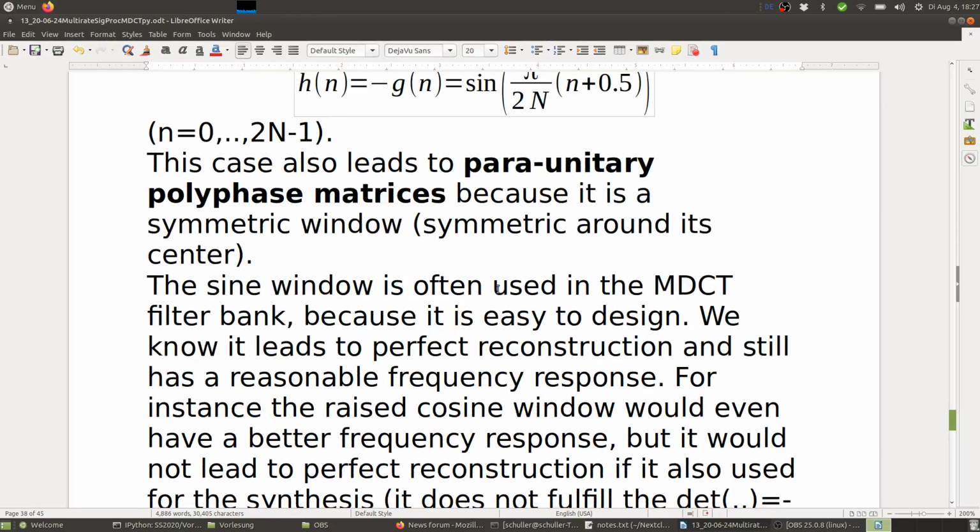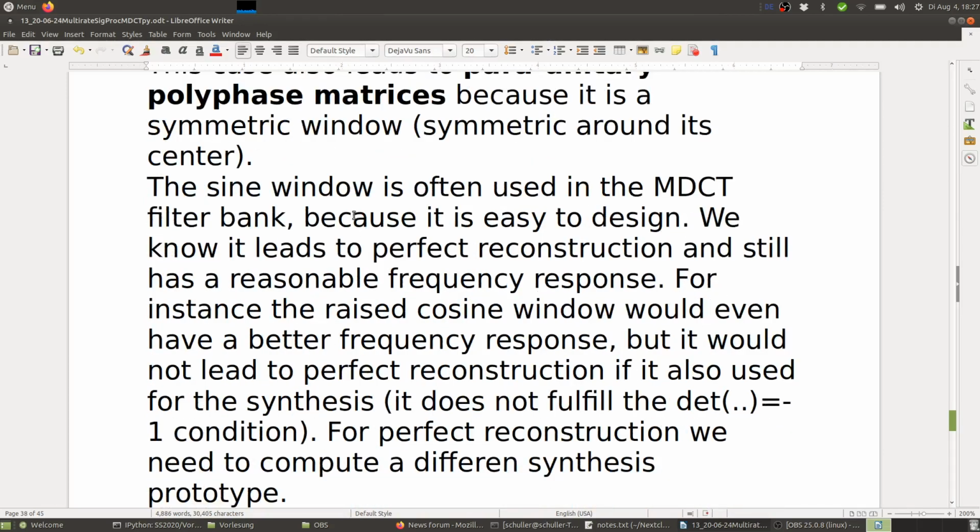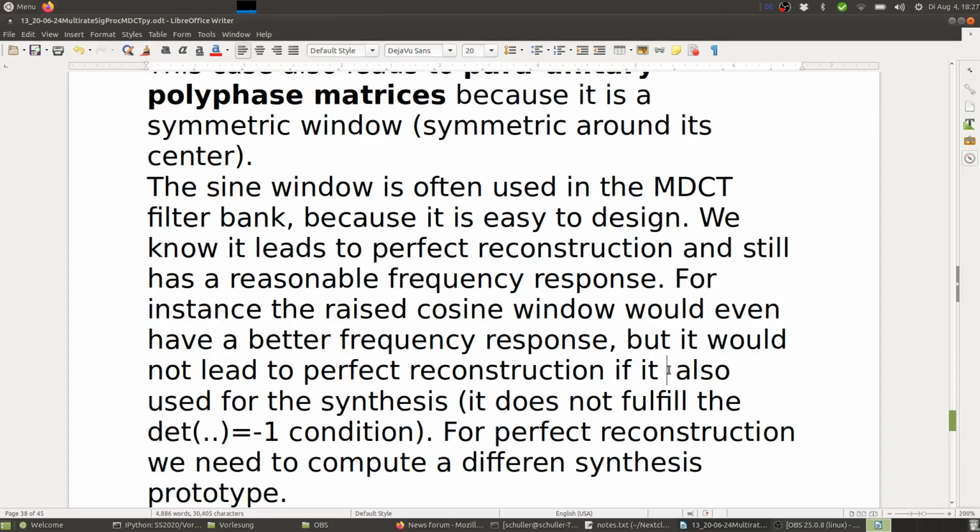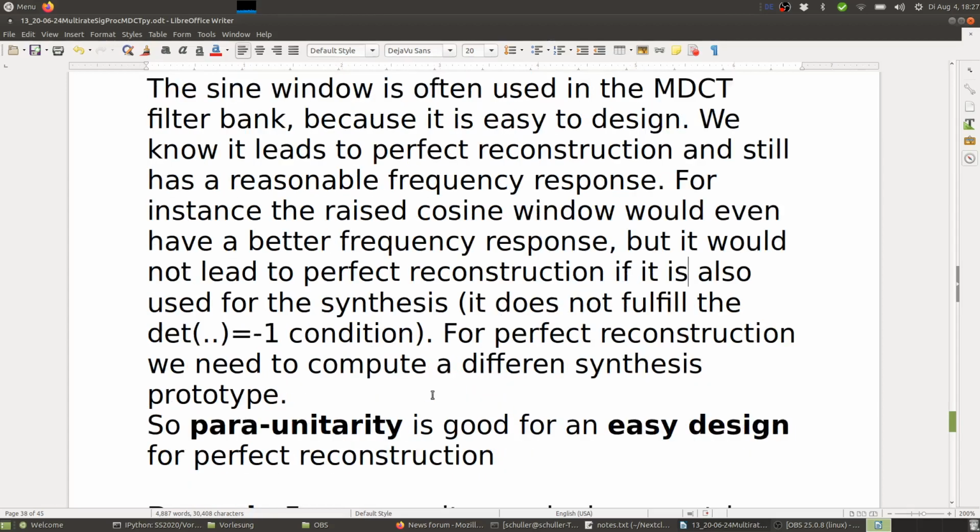The sine window is often used in the MDCT filter bank because it is easy to design. We know it leads to perfect reconstruction and still has a reasonable frequency response. For instance, the raised cosine window would even have a better frequency response, but it would not lead to perfect reconstruction if it is also used for the synthesis, because it does not fulfill the determinant equals minus 1 condition.